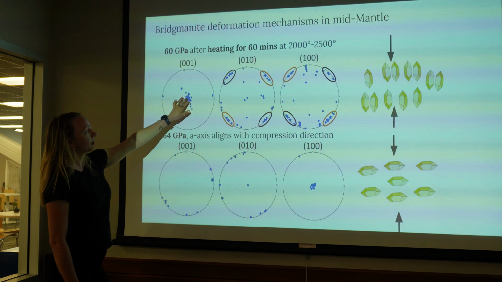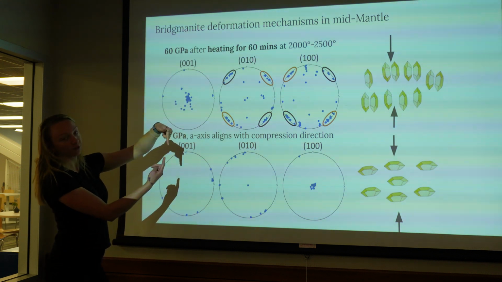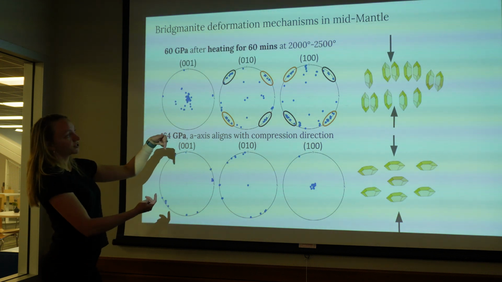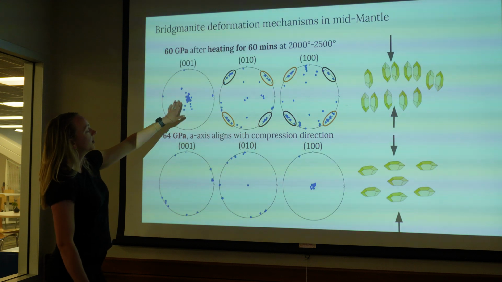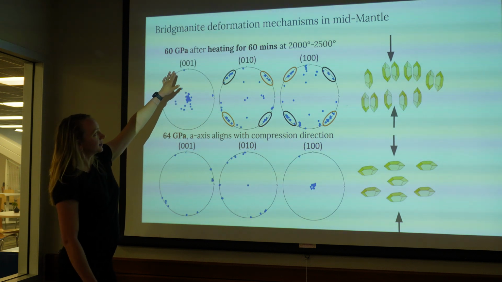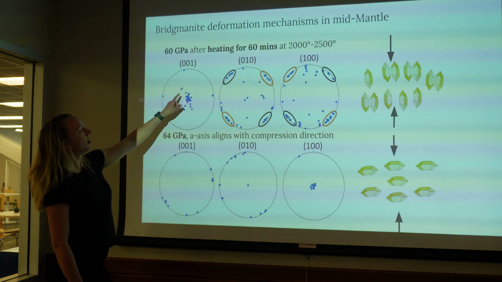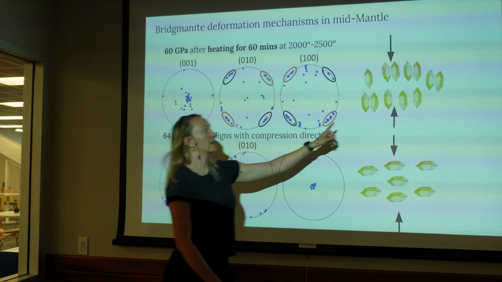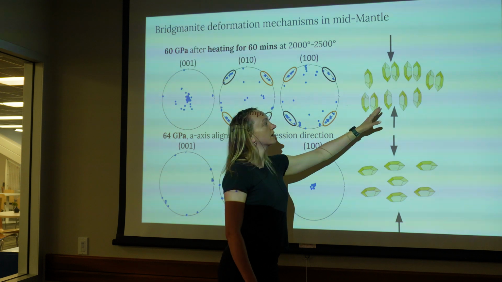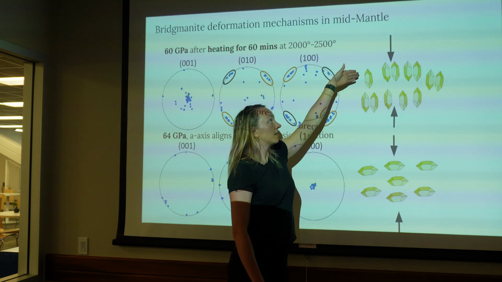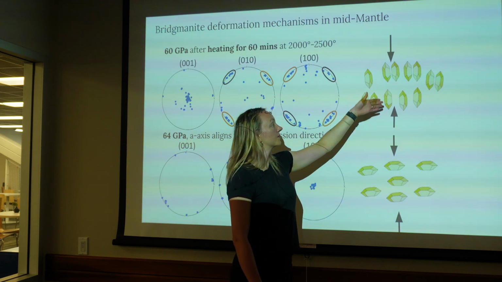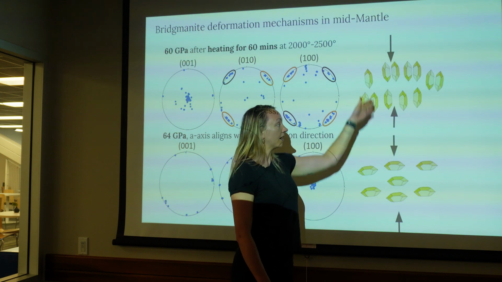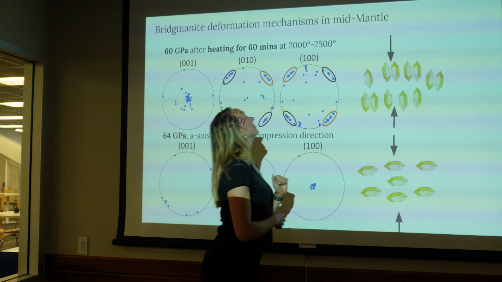The center represents the direction of pressure, the direction of compression. So this tells us that the C-axis of our bridgemanite grains are all relatively aligned along the axis of compression. You could think that it looks something like this, where the long axis of each of these grains is aligned parallel to the direction of compression.